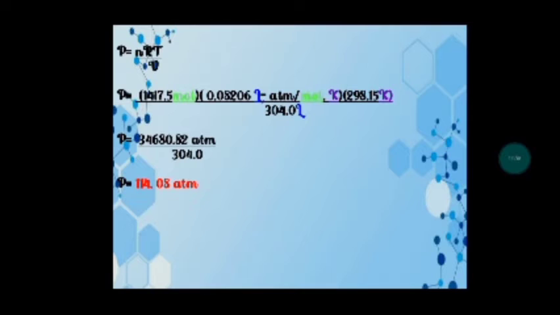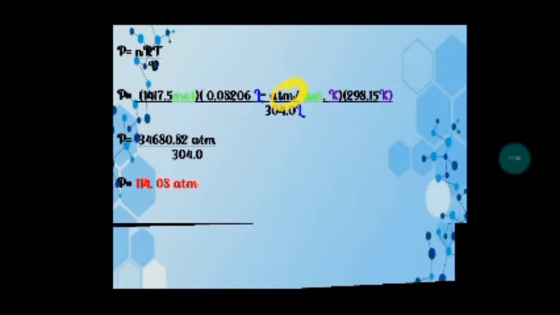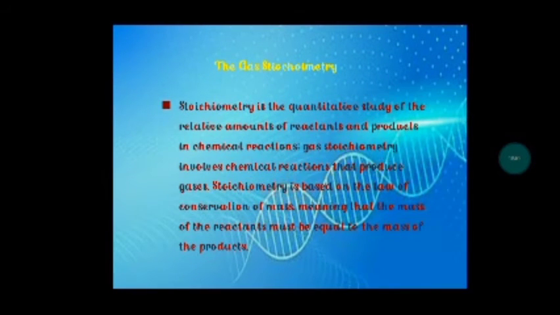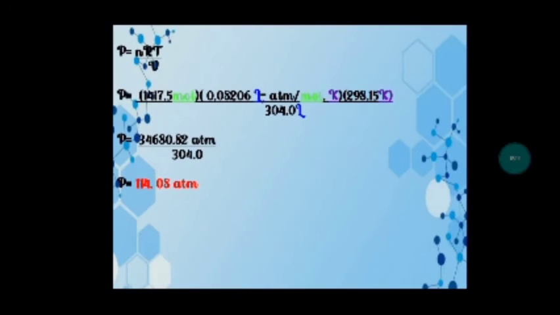So the remaining is atm, and the liter also cancels out because it's the same unit. Then 34,680.82 atm divided by 304.0 comes up to 114.8 atm. So this is now the value of our pressure.